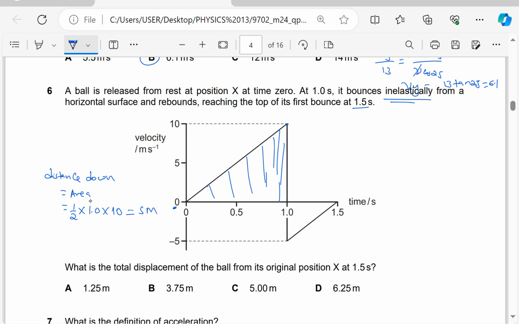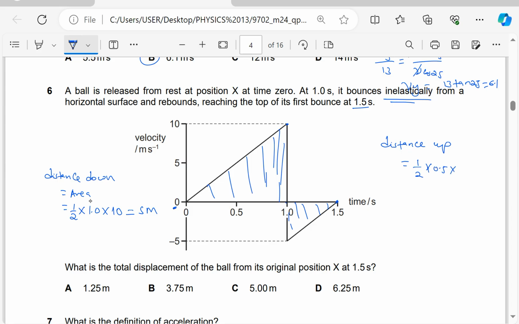That is distance downwards. Then distance up, when it rebounds, of course, it moves upwards. That's why you see the velocity is decreasing up to 0. So I'll say distance up. It is also equal to the area, which is a half times, and this is the area I'm looking for. It is a triangle. The base is 1.5 minus 1, which is 0.5.